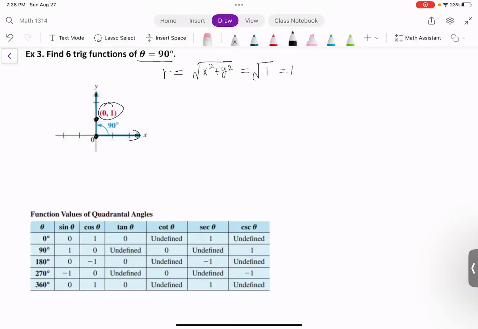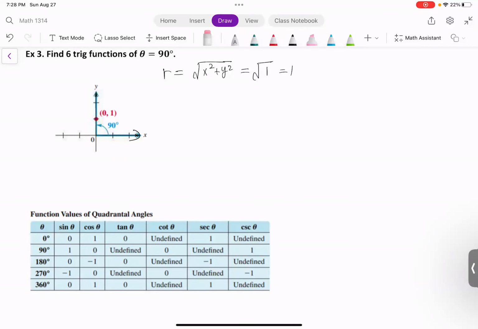That is 1. But even without computing, I can tell by eye that from this point to the origin, this is 1. That means in the computation, the point 0, 1 brings me less work to find all the 6 trig functions.